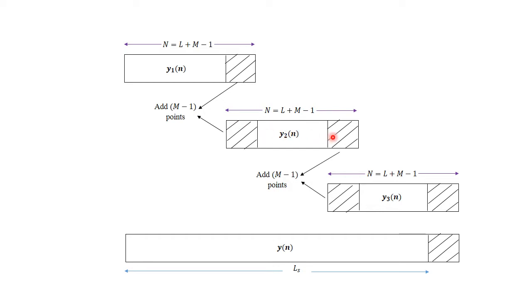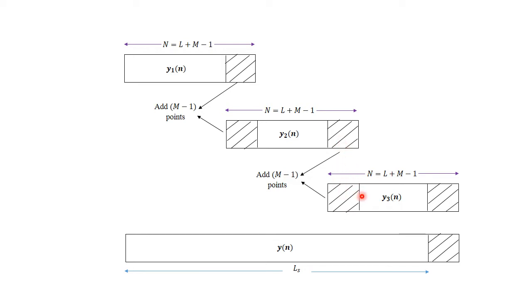Similarly, the current sequence is this one. So the last m-1 points of the current sequence must overlap on the first m-1 points of its next sequence. So overlap has happened.